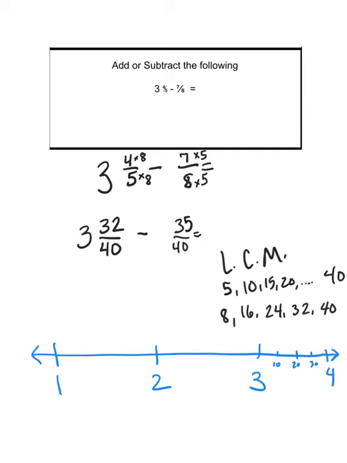Okay, imagine that on a number line, you have the space in between each whole number divided into 40 equal pieces. That's what I'm showing here on my number line.